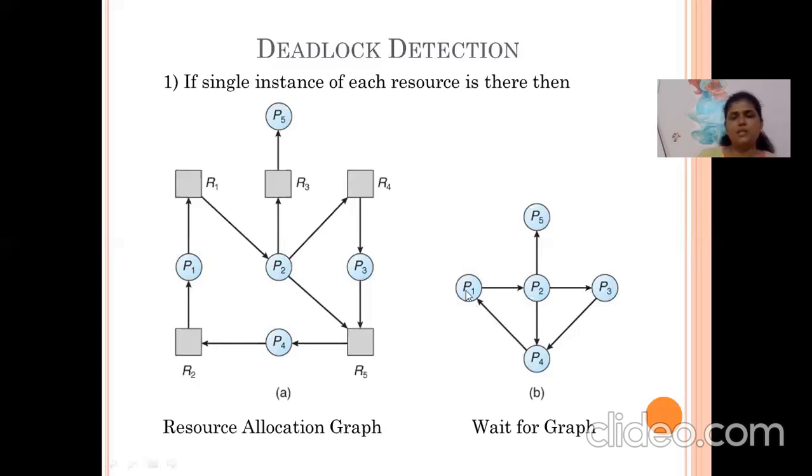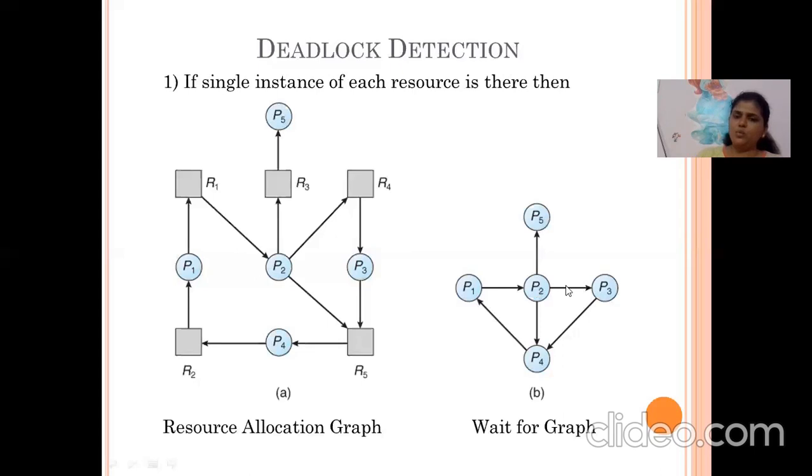Now this resource allocation graph, which we can easily draw, will be converted to this wait-for graph. And in this wait-for graph, we will check whether any cycle exists or not. If any directed cycle is present in the wait-for graph, we say there exists a deadlock in that cycle. So let us identify where a cycle is present in this wait-for graph.